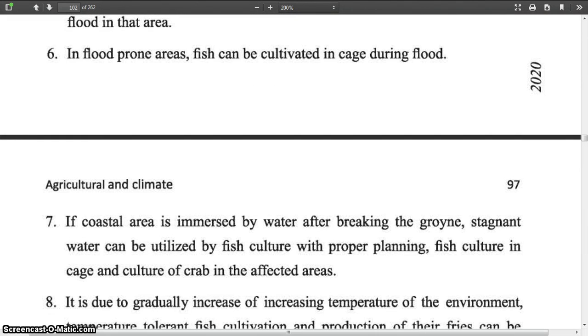Number 6 technique. In flood prone areas, fish can be cultivated in cages during flood.